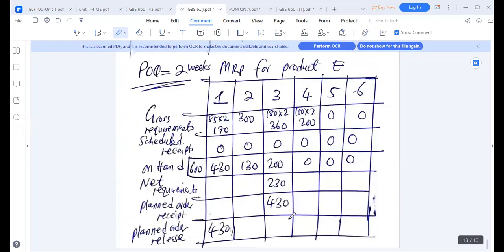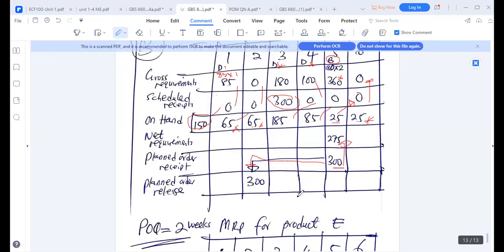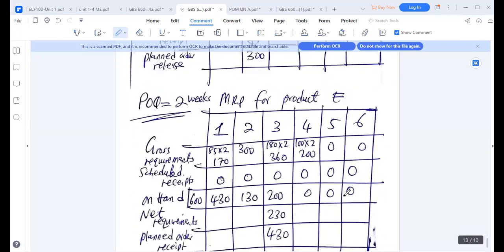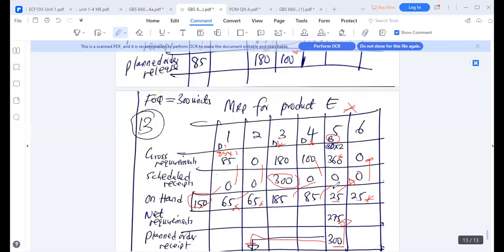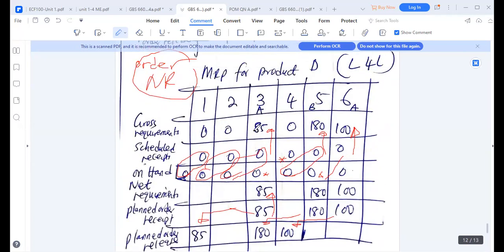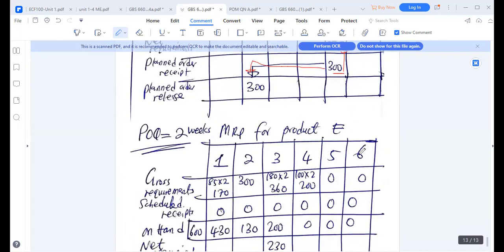And then we have the other one, 100 by 2, because of the structure. So this is supposed to be the MRP for F.